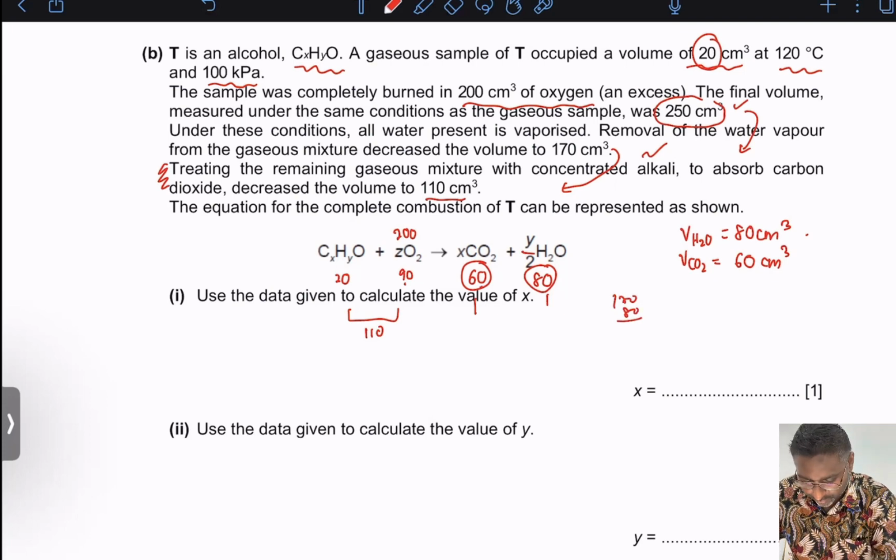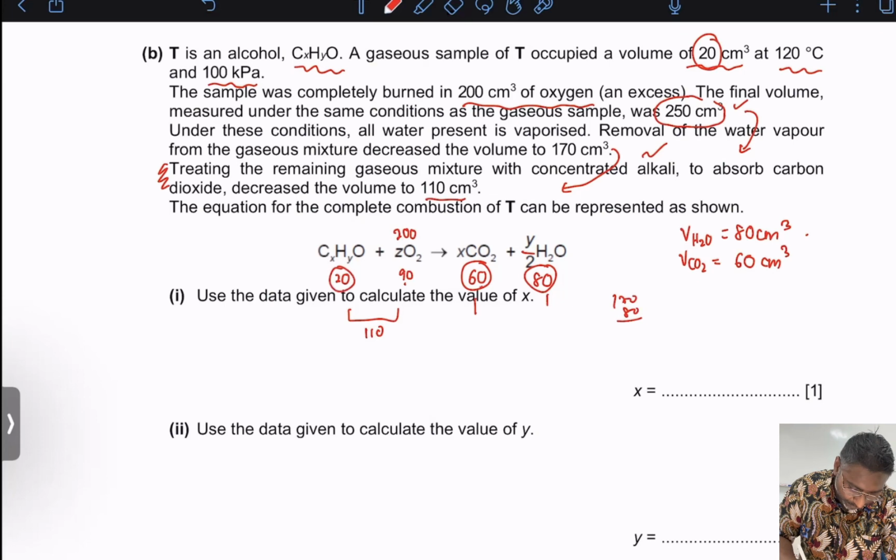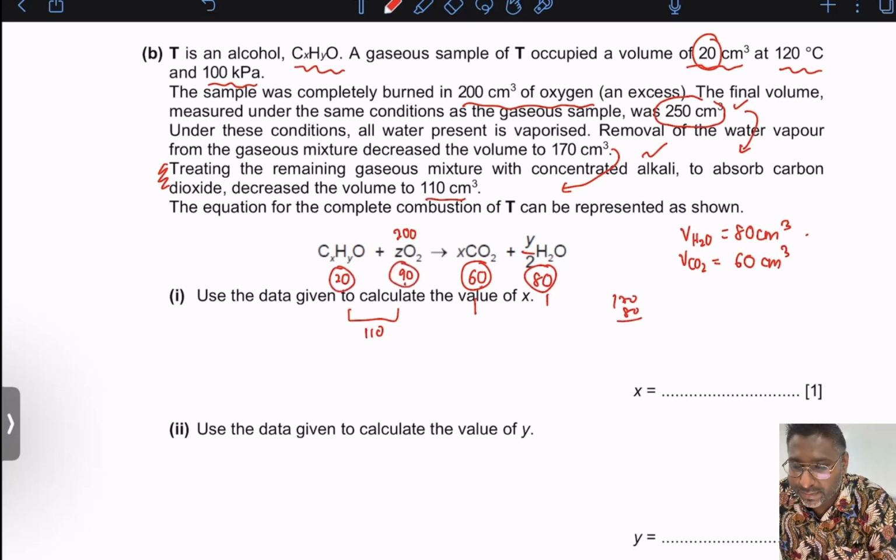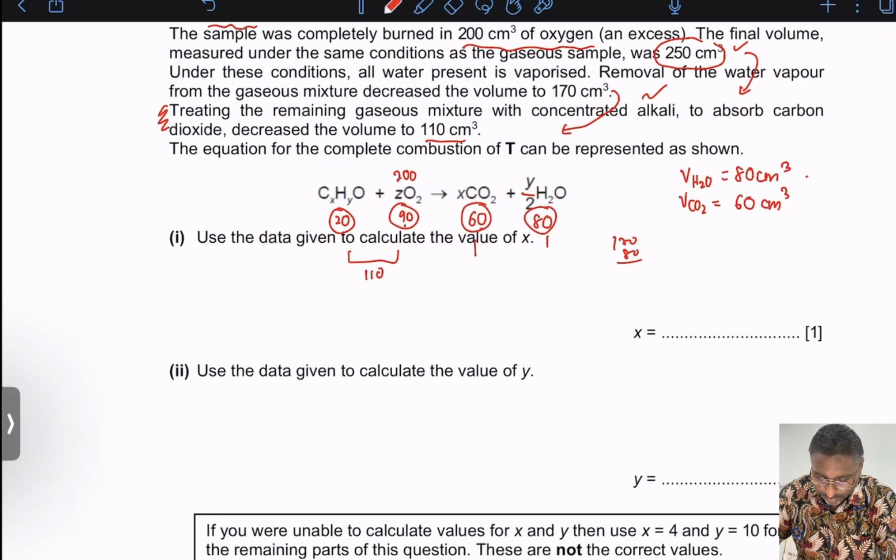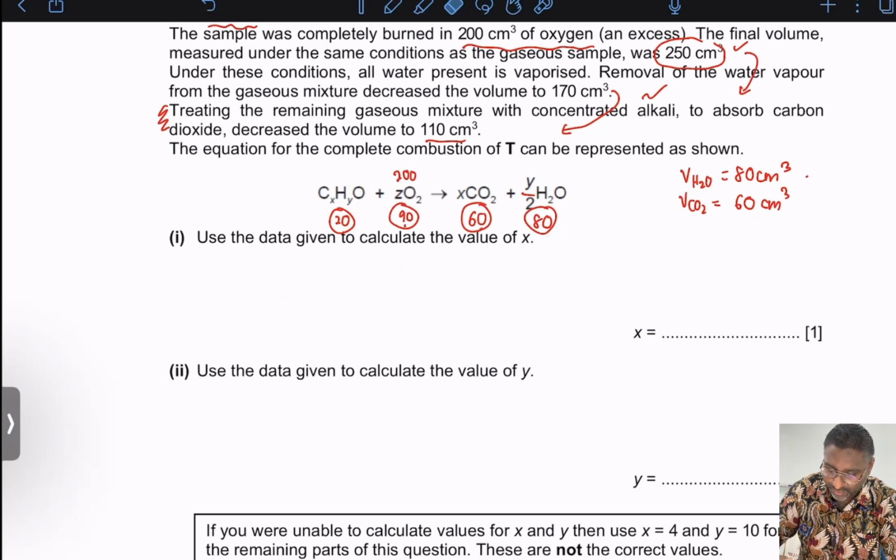According to what I have, that is the one that's supposed to be reacting. So with this information, let me try to do this. Do remember, all these are gases. You do not need to change them into number of moles. You can just straight away use them directly.